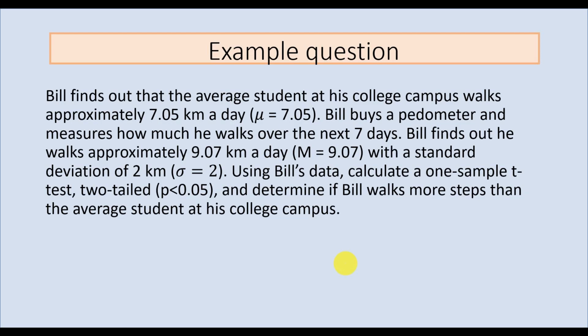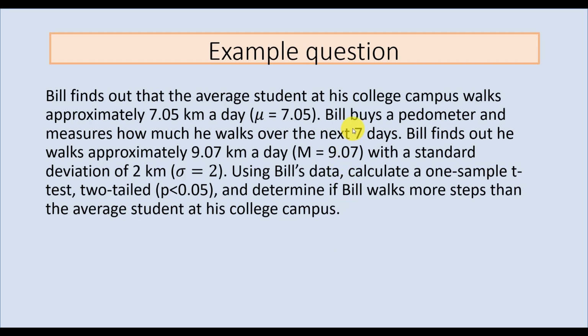So as I was suggesting, the example question is the exact same. I'm going to quickly read it, as the results that we calculated in the last video answer this question. It says Bill finds out that the average student at his college campus walks approximately 7.05 kilometers a day, which is a population mean of 7.05.